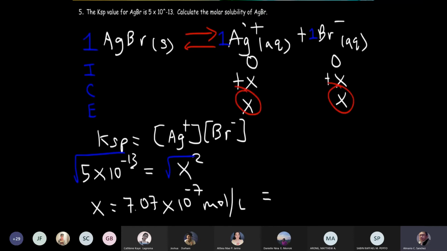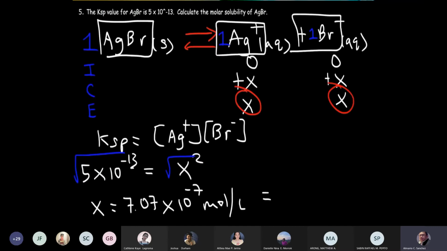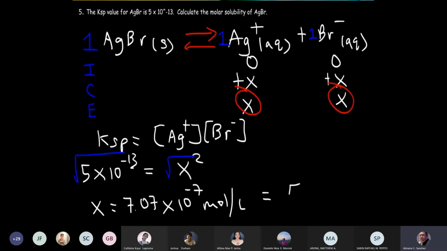Now notice that everything is in a 1-to-1 ratio. So therefore, the concentration of silver bromide that is dissolved in a solution, some of it may be in a solid phase, but the amount that's dissolved in the solution is equal to the concentration of Ag plus and Br minus due to the 1-to-1 molar ratio. So X is also equal to the concentration of the dissolved silver bromide in a solution.